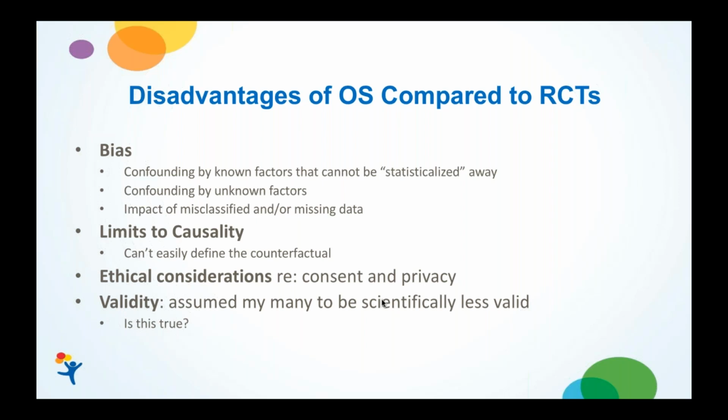And one of the authors, I don't know if it was in the article I assigned to you guys or the other ones, but one of the authors actually tried to make an argument that with the advent and availability of big data, you can actually potentially do away with a lot of RCTs, because you have powerful enough data available in other forms that are equally as valid in terms of assigning causality. I'm not sure I am completely on board with that, but I thought it was an interesting argument to make in these articles.